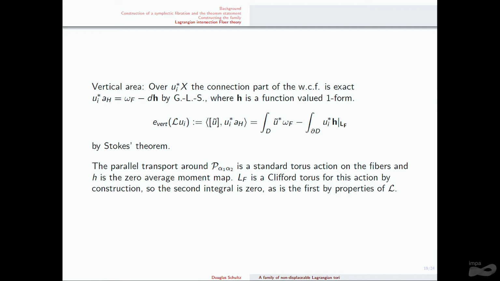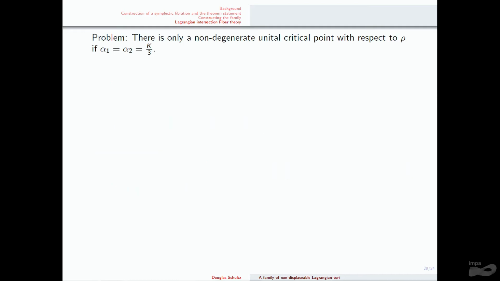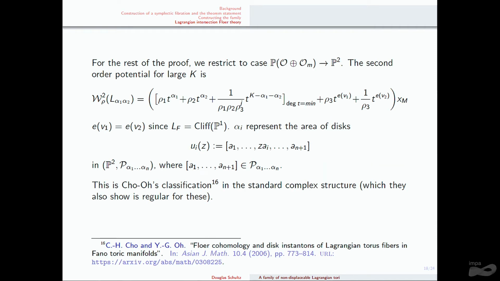Okay, so the area remains the same when you lift it to the total space. So the problem with this formula, unless you have that alpha 1 and alpha 2 are equal to k over 3, so that all these T terms are the same, is that you're not really going to find a non-degenerate critical point of this.